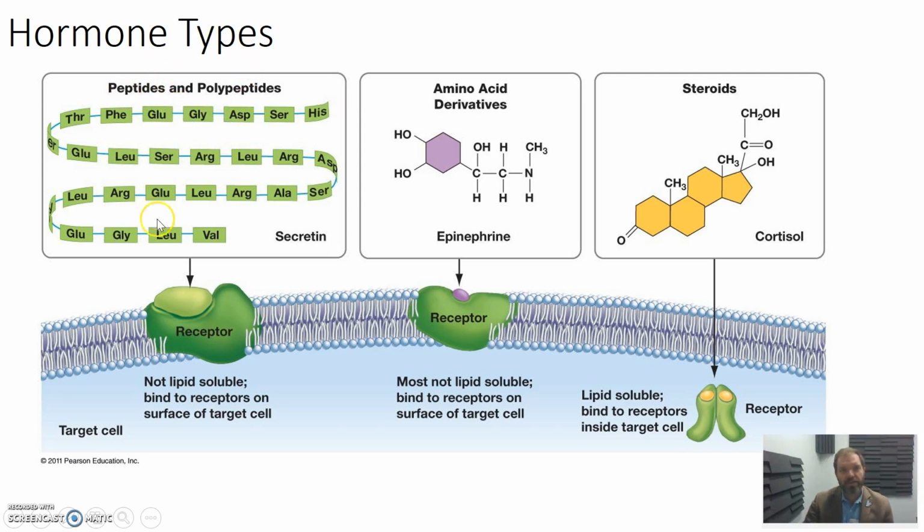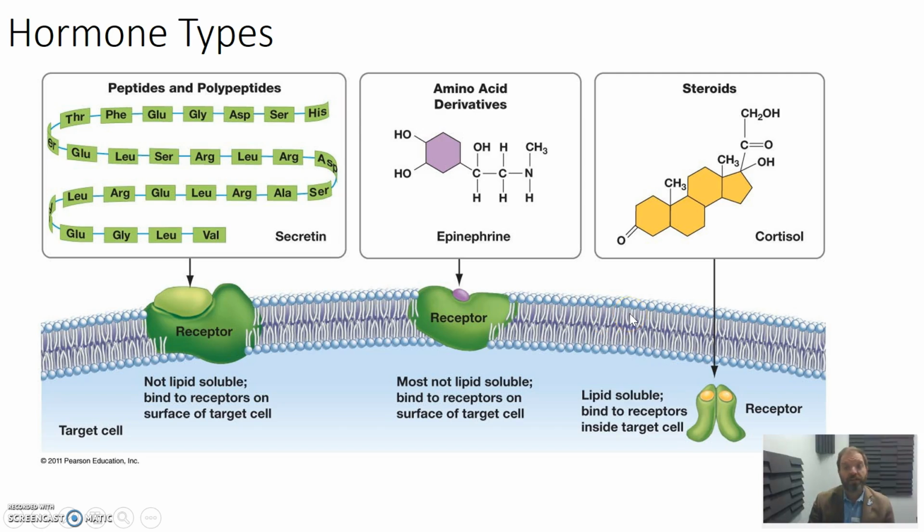These peptide, polypeptide and protein hormones are one category, and they will bind to a receptor on the plasma membrane. Some are derivatives of amino acids. Here's epinephrine, which is a chemical derivative of the amino acid tyrosine. That also will bind to a surface receptor and can't travel through the plasma membrane.